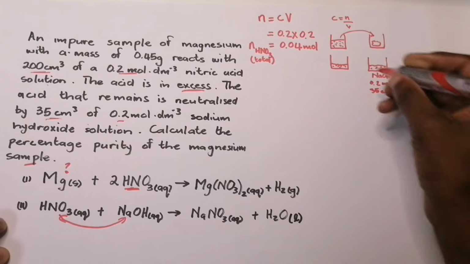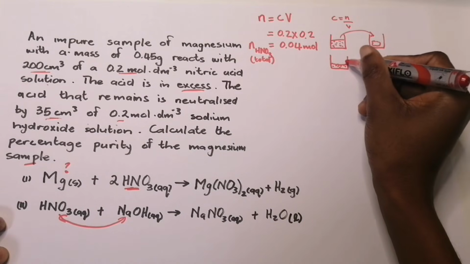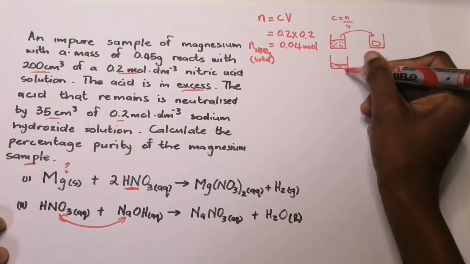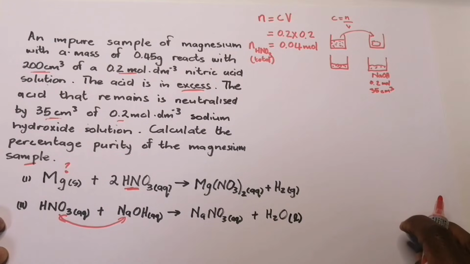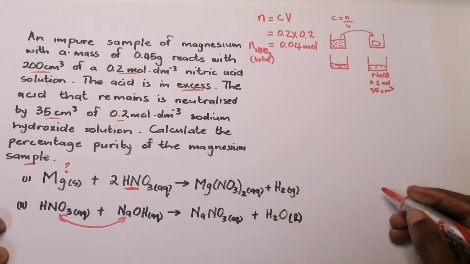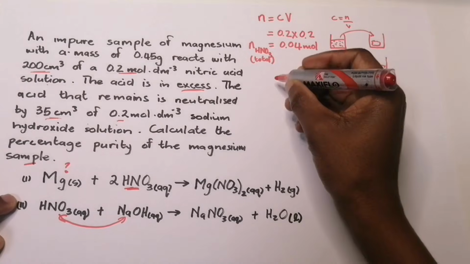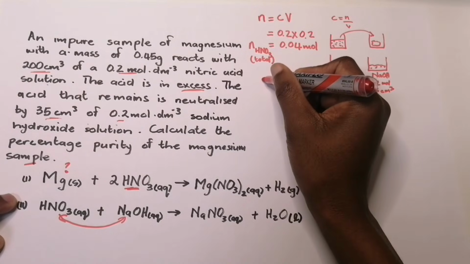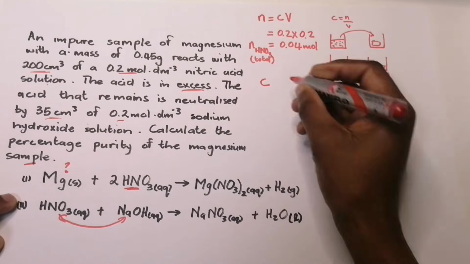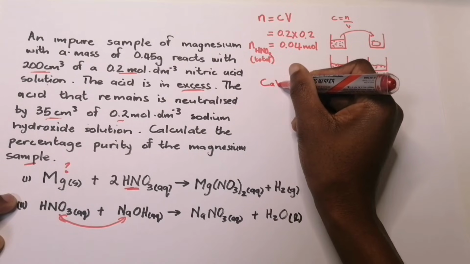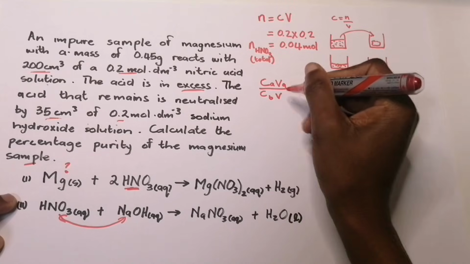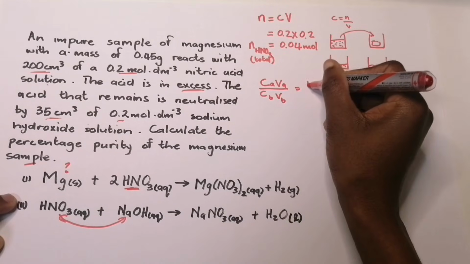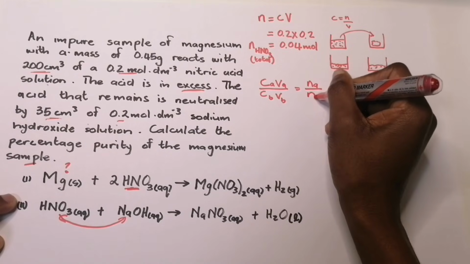So now let's find out how much of the nitric acid actually reacted with the sodium hydroxide. By the way, you can use from acids and bases: CAVA over CBVB equals Na over Nb.